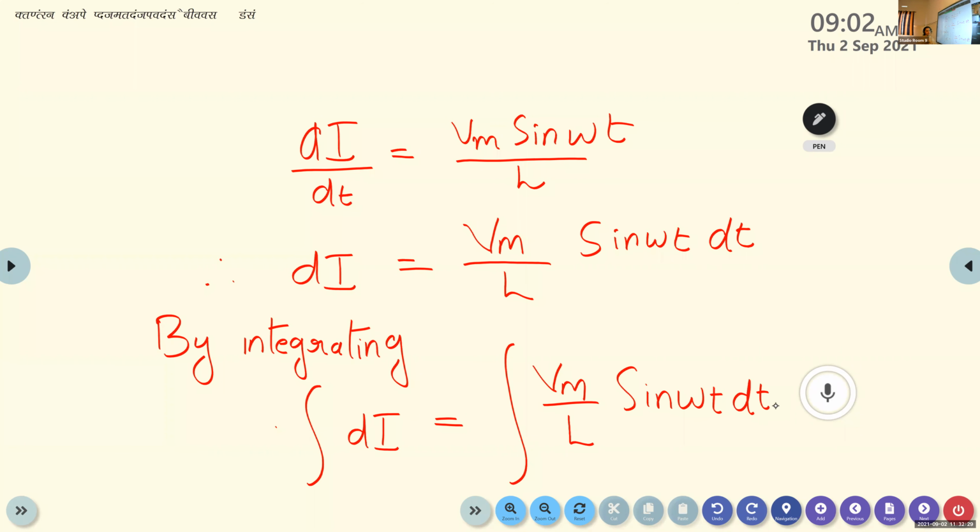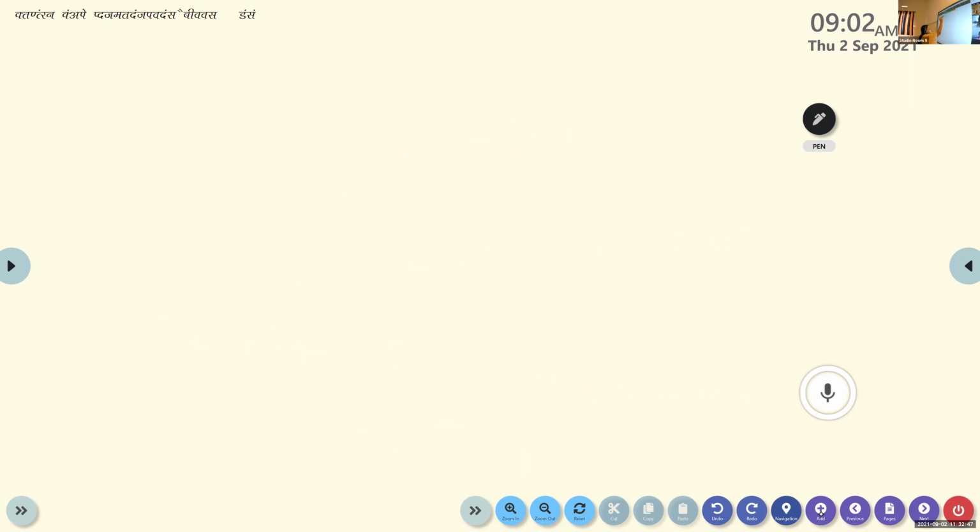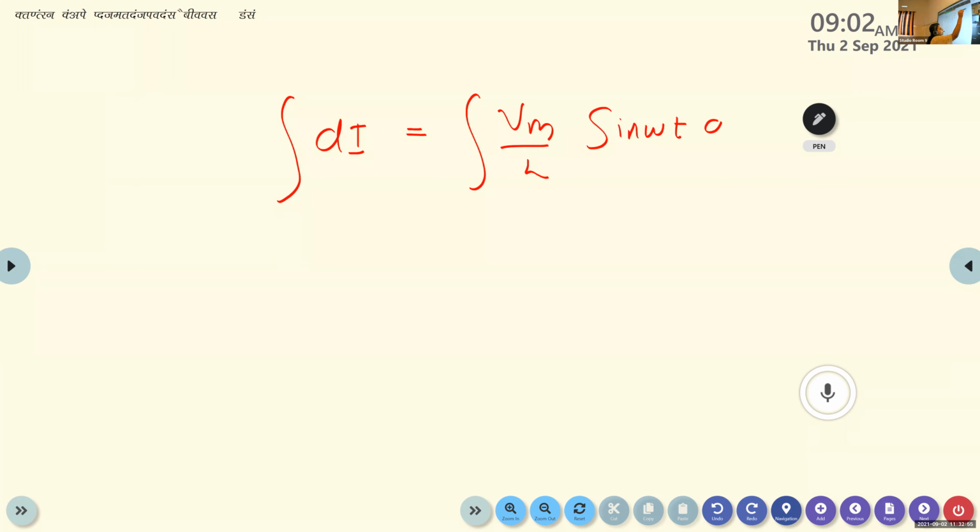In order to obtain the total value of current that is passing through the inductor, when we are applying a voltage source of EMF equal to Vm sin omega t, we need to integrate that expression. So integral di is equal to integral Vm by L into sin omega t dt.